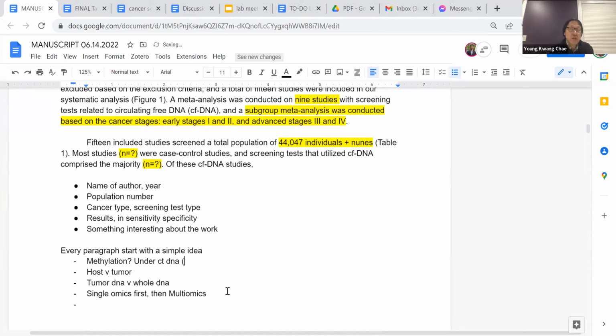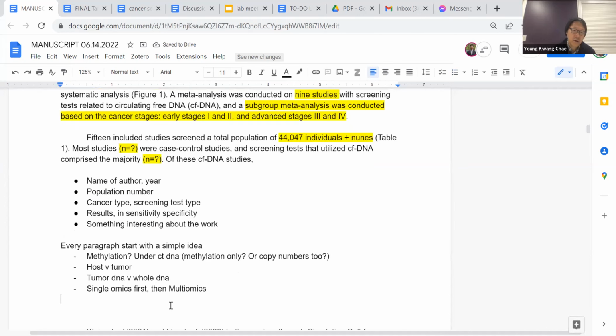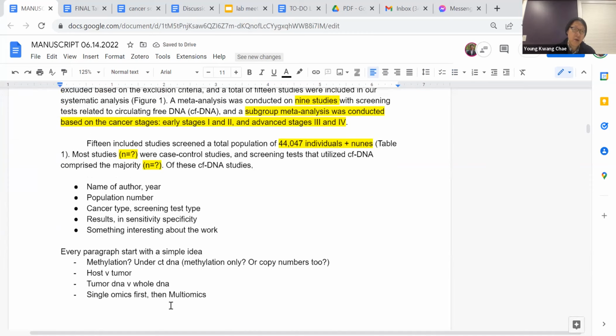But usually, let's say Guardant, they look at fragment size, methylation, some sequencing, and they claim that they are looking at some proteins. But we're not doing Guardant, they're only doing colorectal right now. Anyway, that's one example. But each study is looking at unique things. So that would be my category.